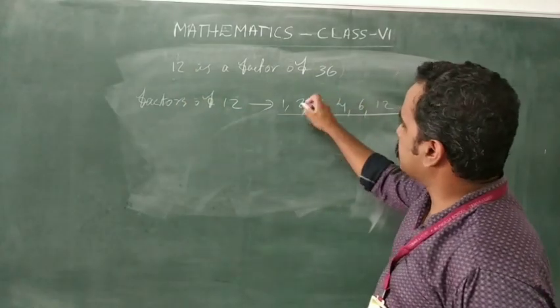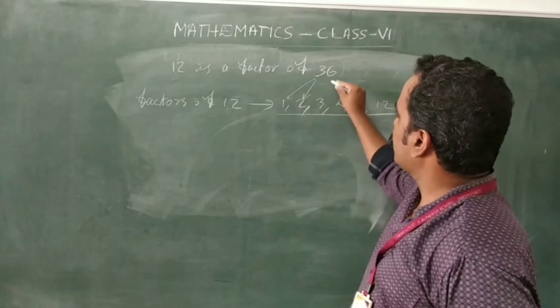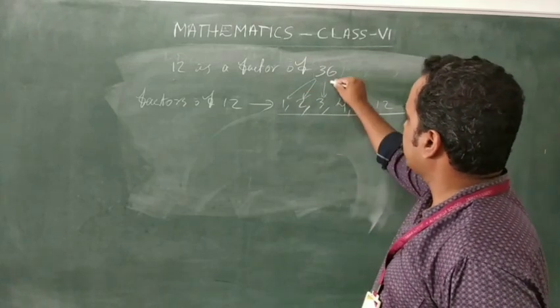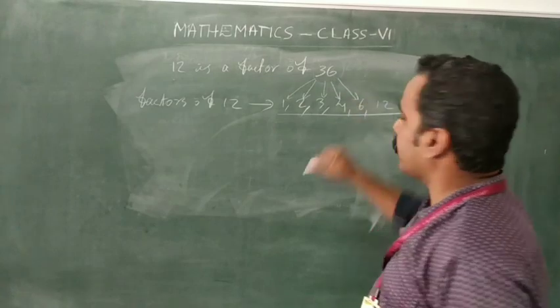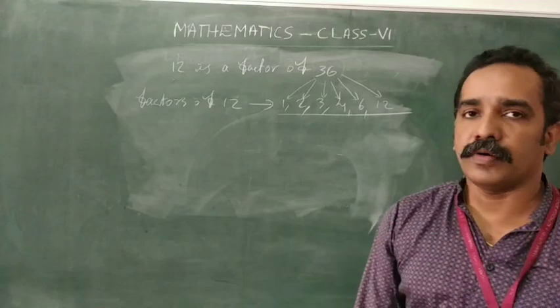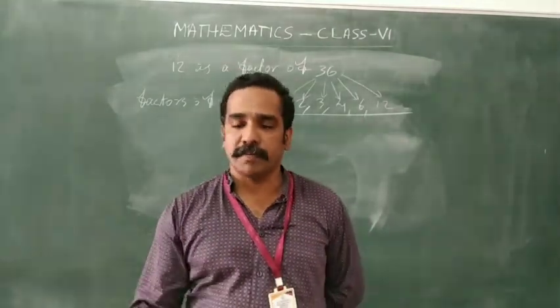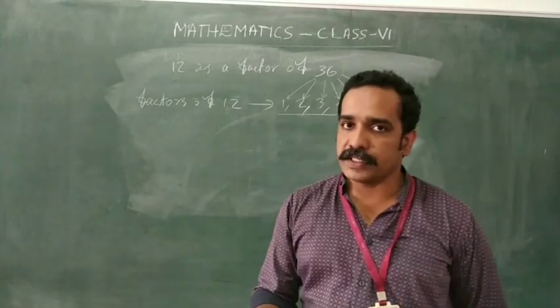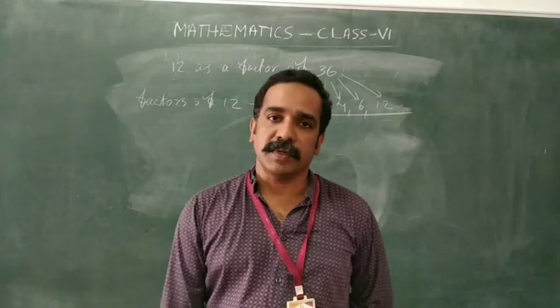That means 36 is divisible by 1, 2, 3, 4, 6, and 12. So if a number is divisible by another number, then that first number is also divisible by all the factors of the second number. Understood?